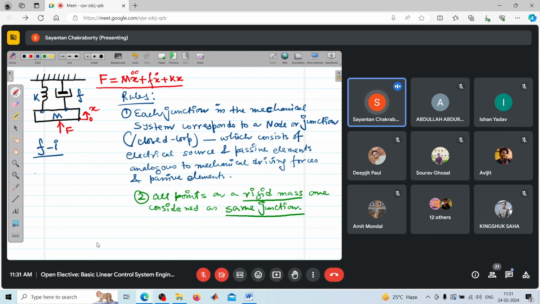So we get a driving function, force, over here, and for each of these three components, this is your resistance component that gives us 1 by f.